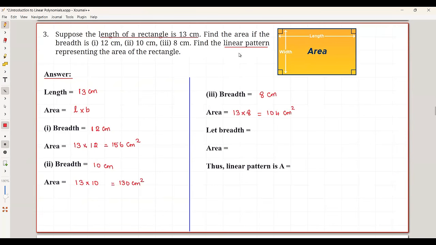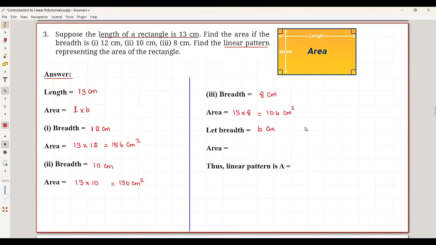Now we have to form the linear pattern for representing the area of the rectangle. Let the breadth be B centimeter. Or you can take it as X centimeter, any variable you can choose, or n also.